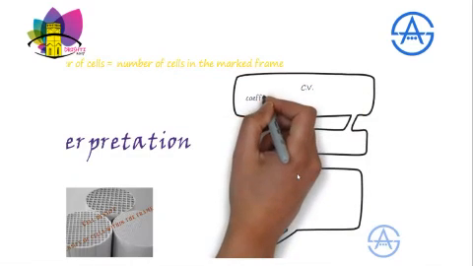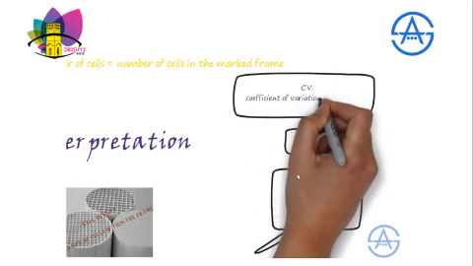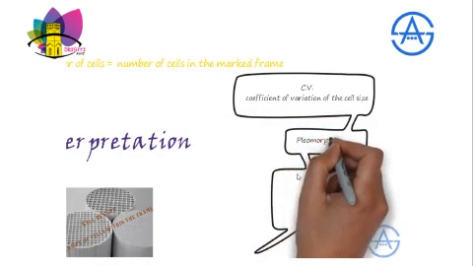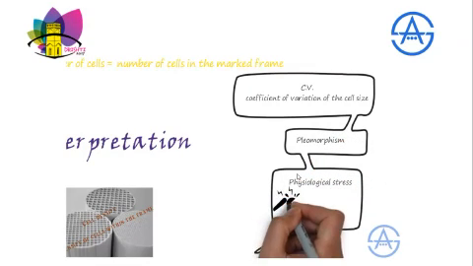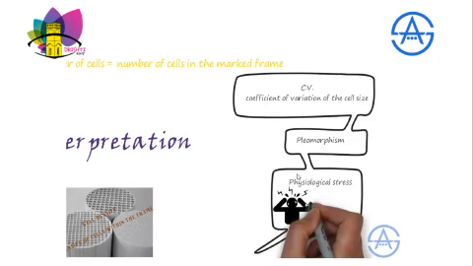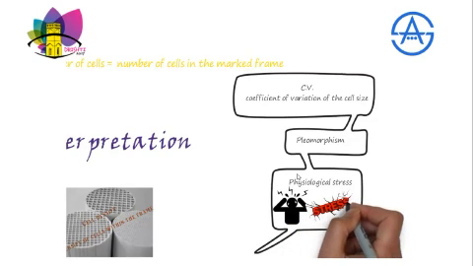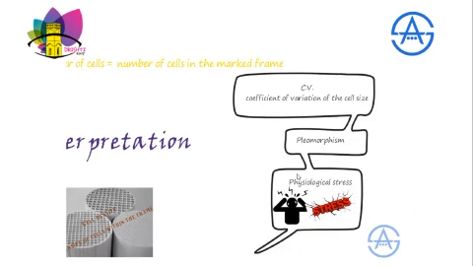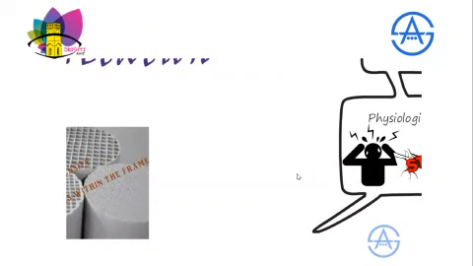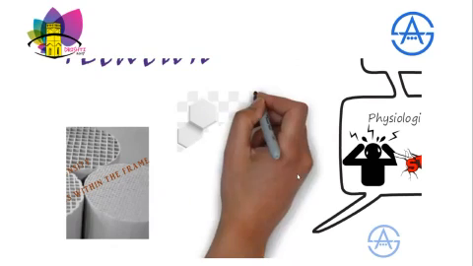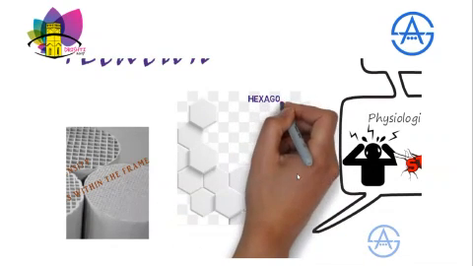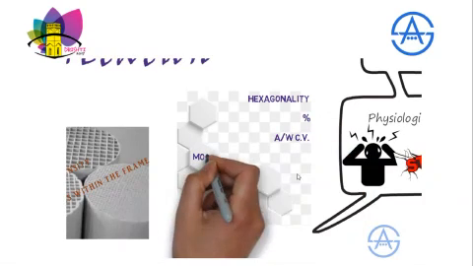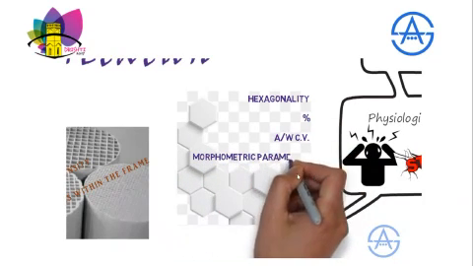That is actually talking about pleomorphism, which is the physiological stress faced by the corneal endothelial cells. We also assess the hexagonality, that is the percentage of cells which have 6 sides, expressed in percentage, and which along with the coefficient of variance will give us a complete idea about the morphometric parameters involved.